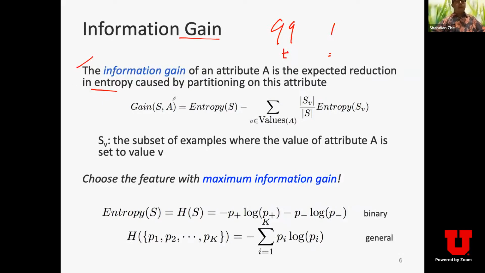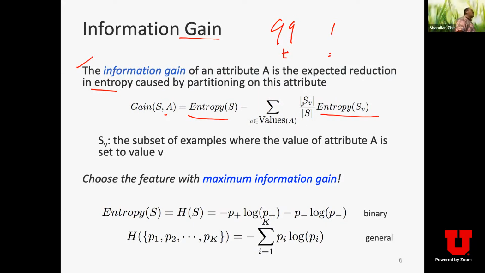So the definition is as follows. We first compute the entropy of the entire data set. Then after you use A to split S, the data set S is split into a list of subsets. For each subset, you compute the entropy, and you take a weighted average of them. Why should we do this weighted average, proportional to the size of the subsets?